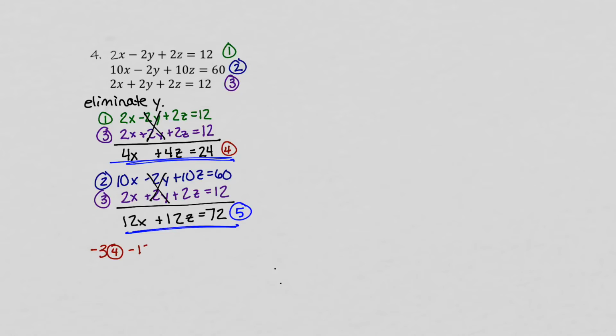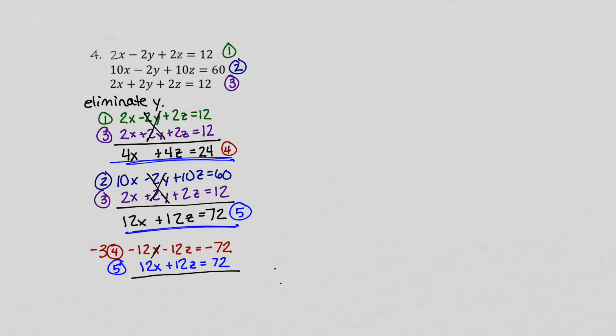So I get negative 12x minus 12z equals negative 72. And then I'm going to leave equation 5 the same because that will eliminate my x's. So I just rewrite equation 5.